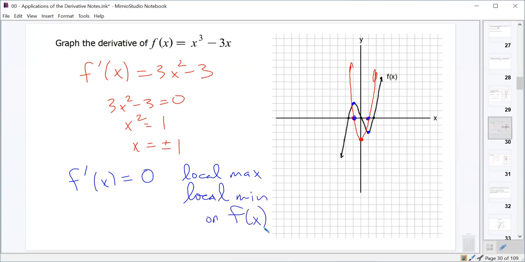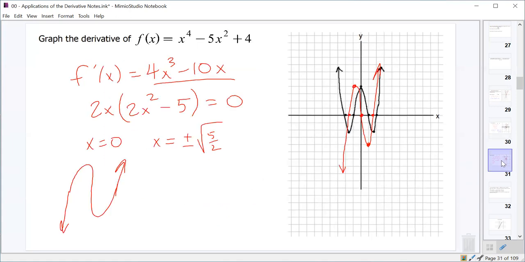And this is something we've talked about before when we were looking at horizontal tangent lines, or places where the derivative was 0. We were getting a local maximum or a local minimum. And that should hold up again as we look here. Everywhere where my derivative is 0, my function has a local minimum or a local maximum. So once again, it appears that holds up and is true.